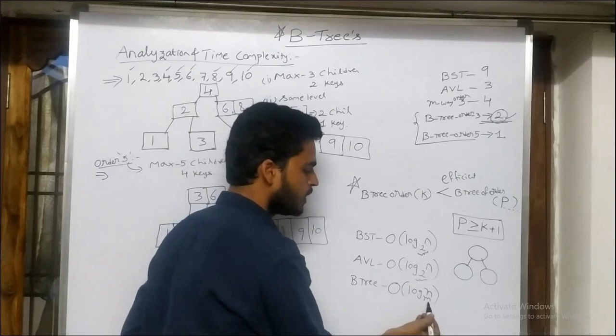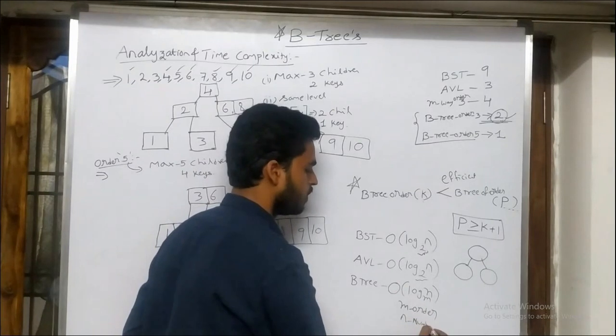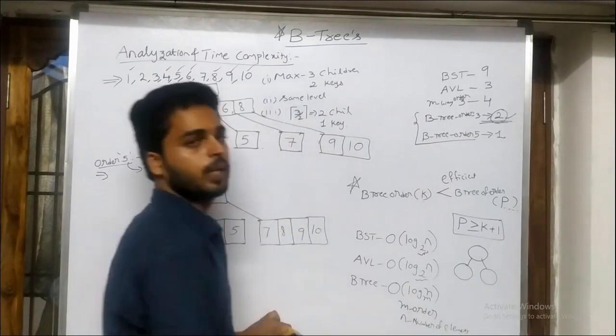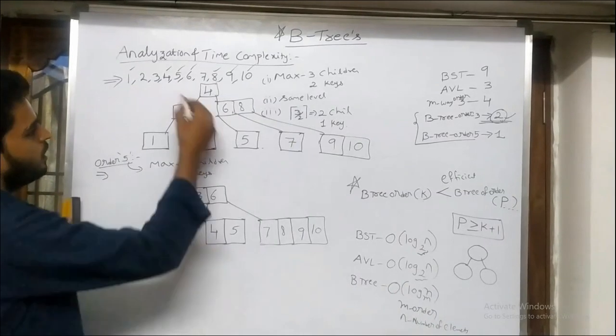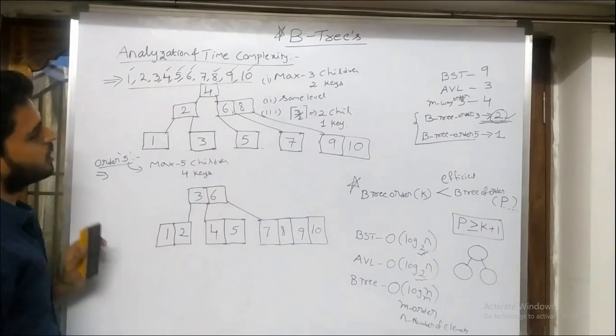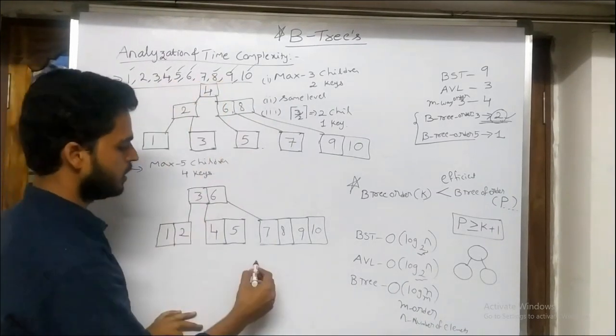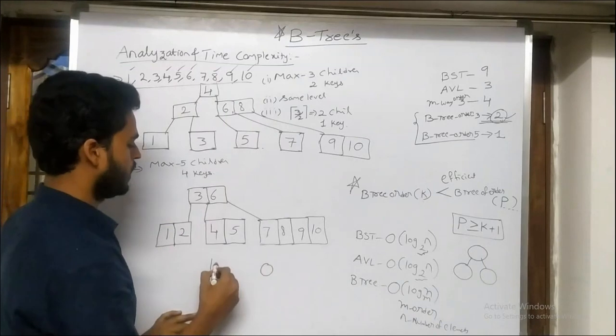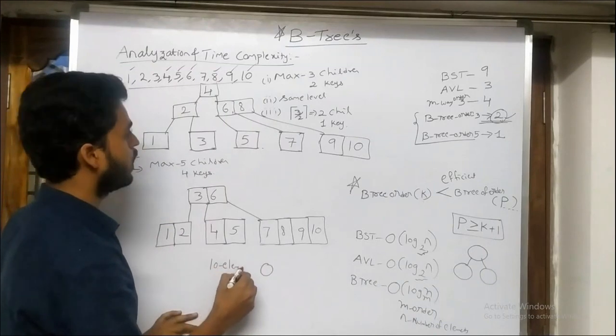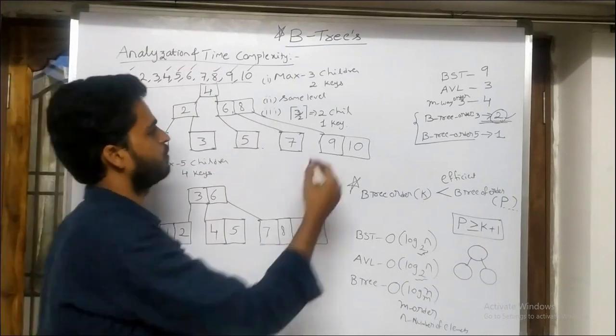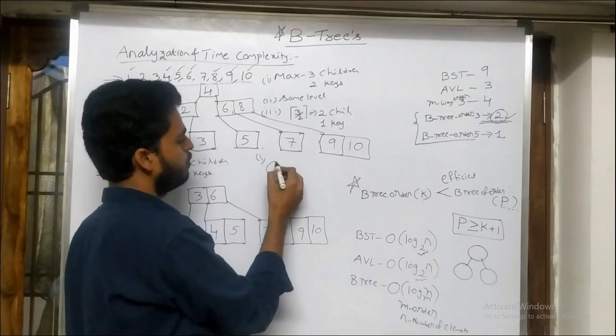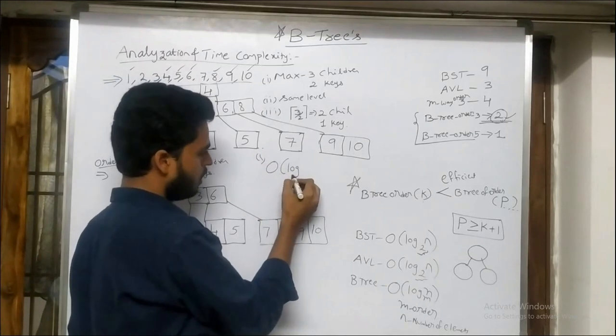What is the meaning of base m? M represents the order. N represents the number of elements. Meaning that the time complexity for such an operation for 10 elements is big O of log n.